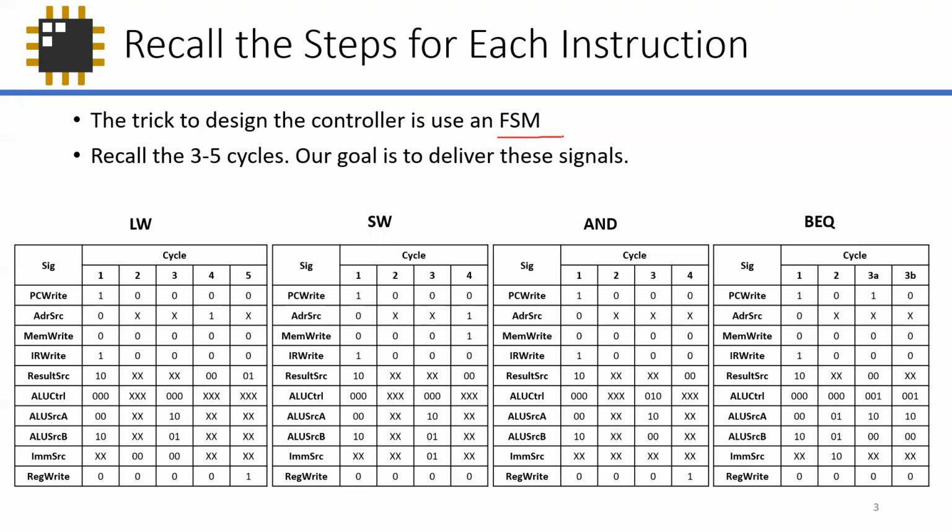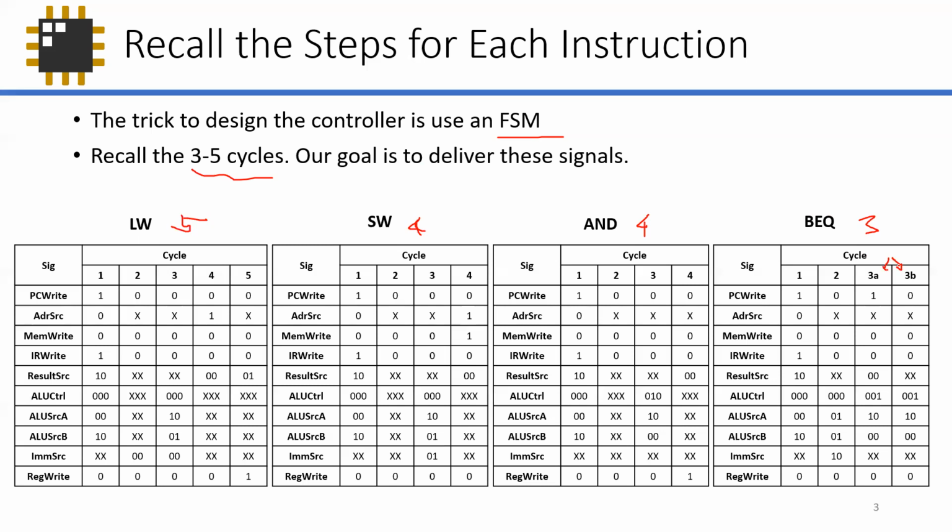Now, recall that our operations last time vary between 3 to 5 cycles. Load words are usually 5 cycles long. Store words are 4. Register types, or actually any data processing instructions, are also 4 cycles long, and then branching is just 3, depending on whether you have branch taken or not taken.